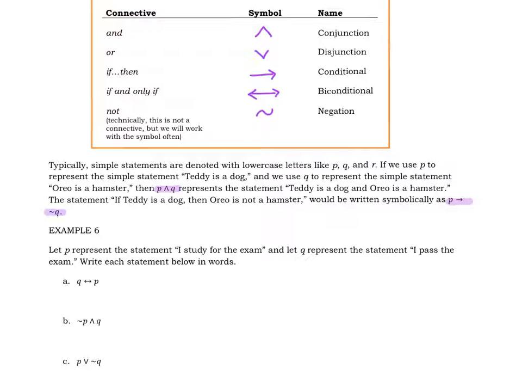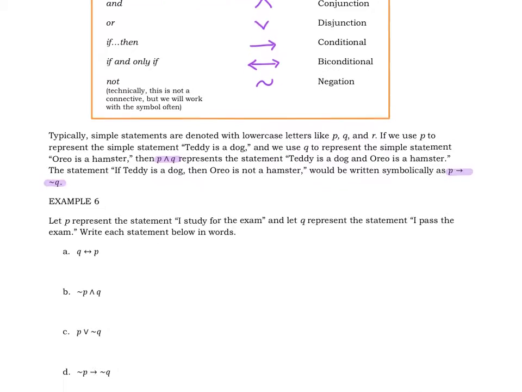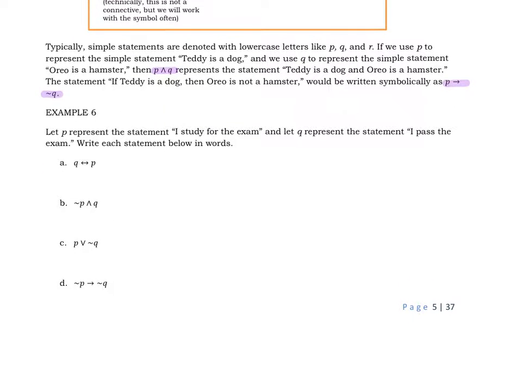All right, so what we're going to do next is go through and take a couple simple statements here and then write them in words based on what we see in symbols. So P is the statement, I study for the exam. Q is the statement, I pass the exam. So now we're going to take the symbols and we're going to write them in words.